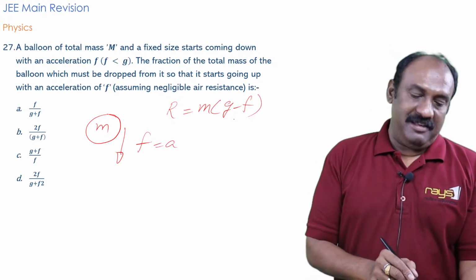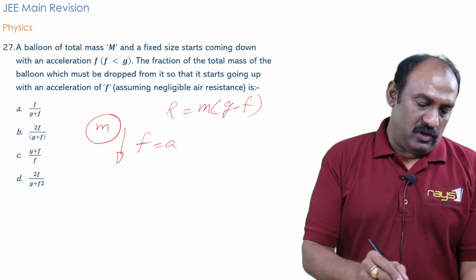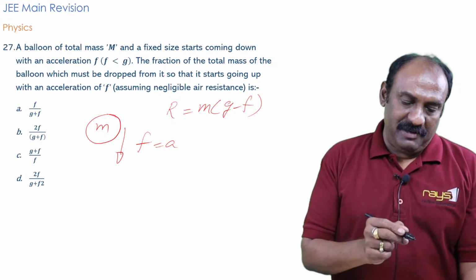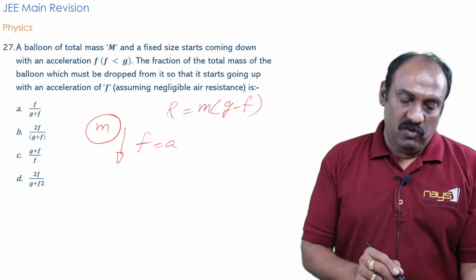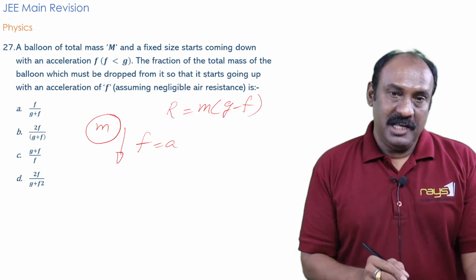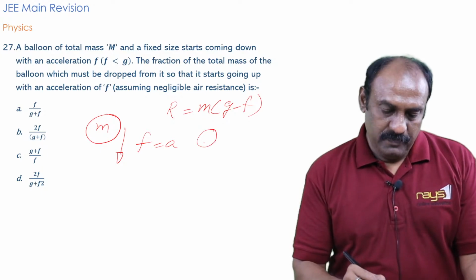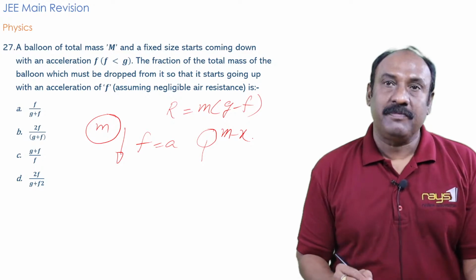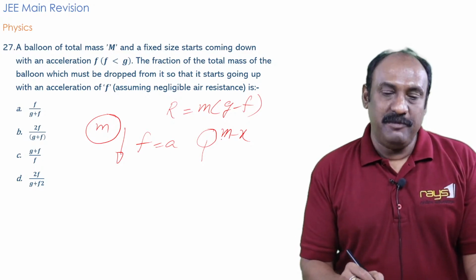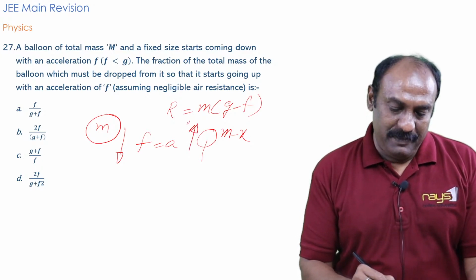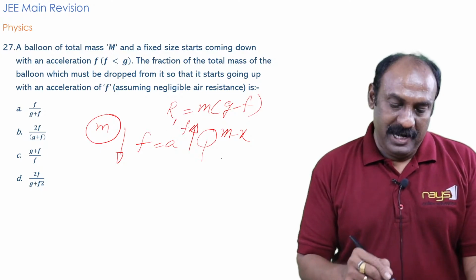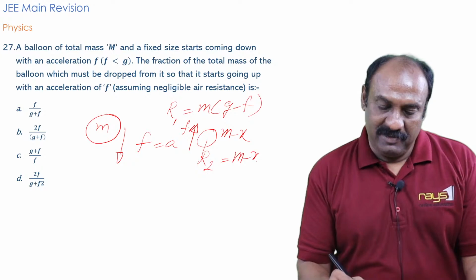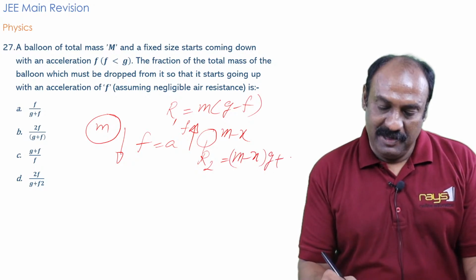If some mass is removed, what fraction of the total mass of the balloon must be dropped from it so that it starts going up? If some mass x is removed, the mass becomes m minus x, and it moves up with the same acceleration f. Then the apparent weight is R2 equals m minus x into g plus a.